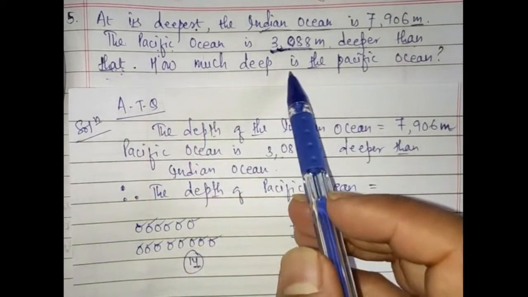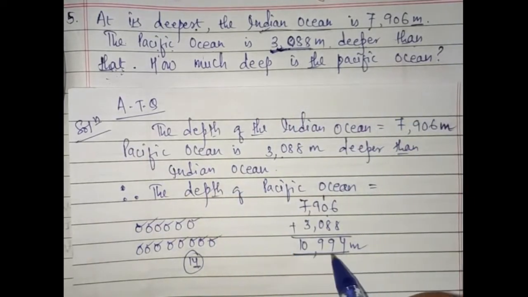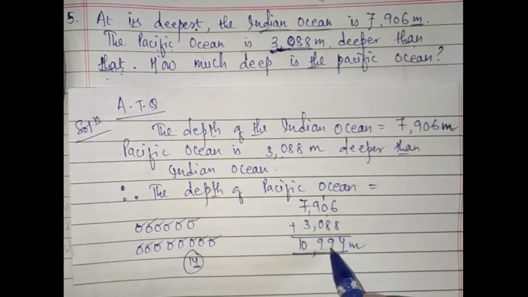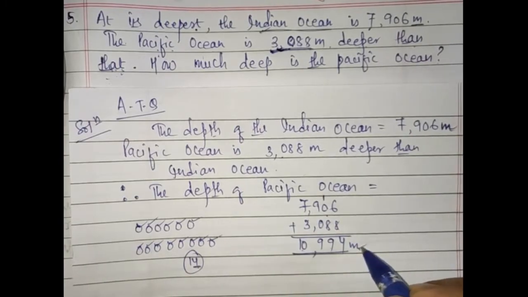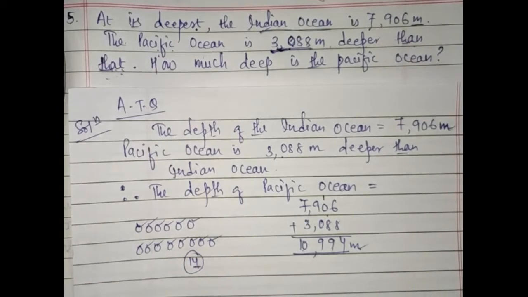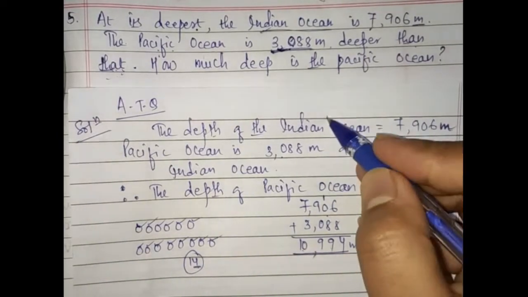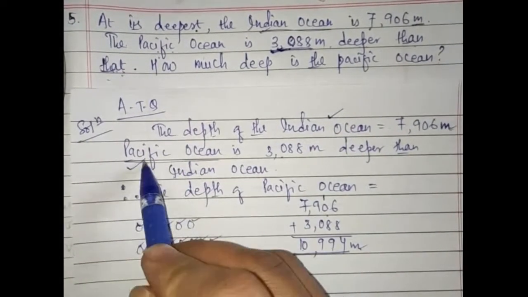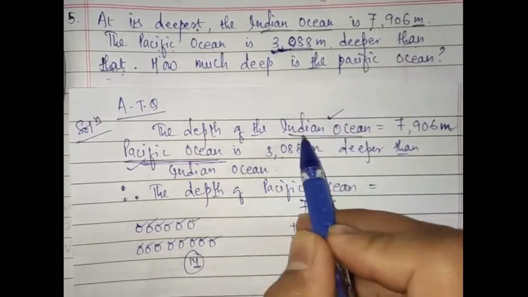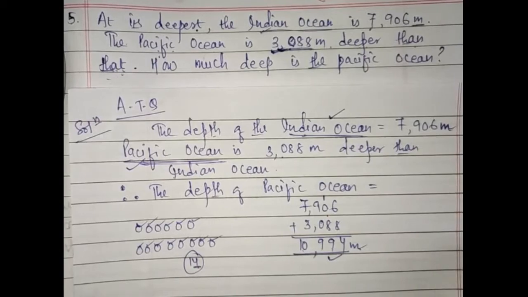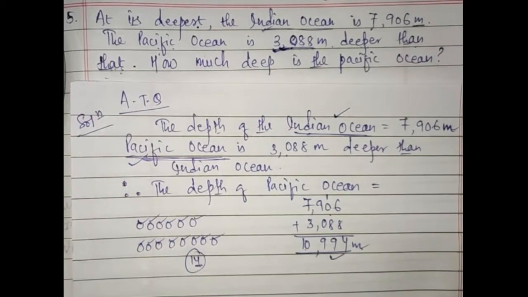The Pacific Ocean is 10,994 meters deep. I hope you have understood now. Now you can compare which one is deeper, Indian or Pacific. Of course, the Pacific Ocean is much deeper than the Indian Ocean. All right, we are over with question number 5 also.